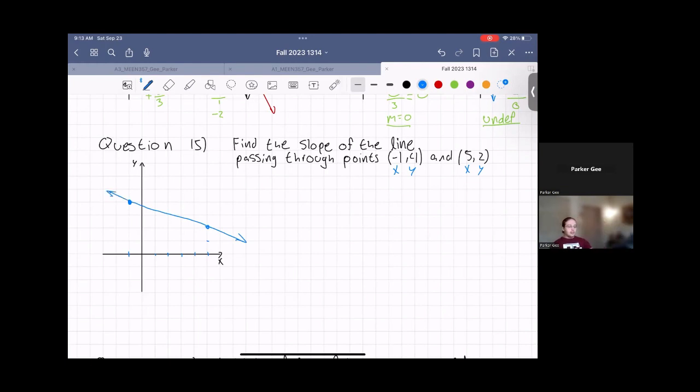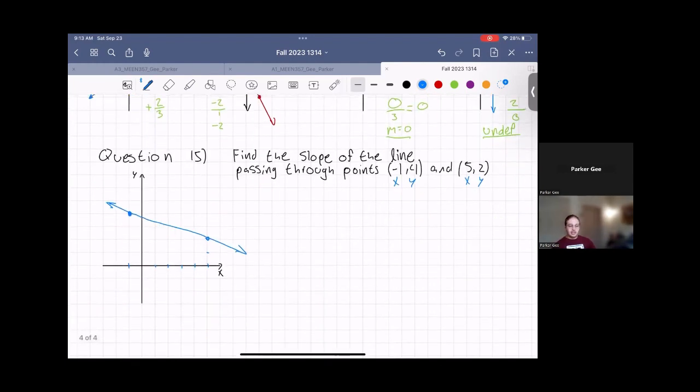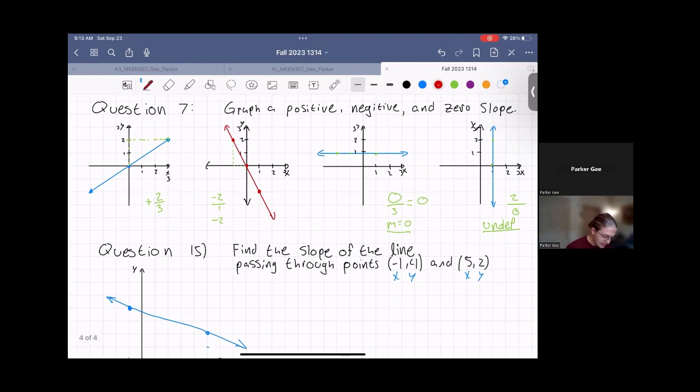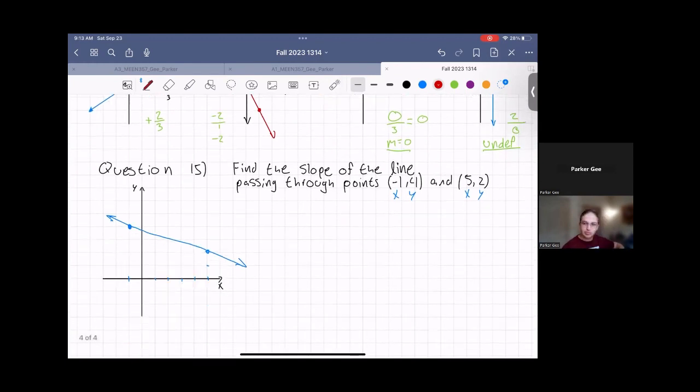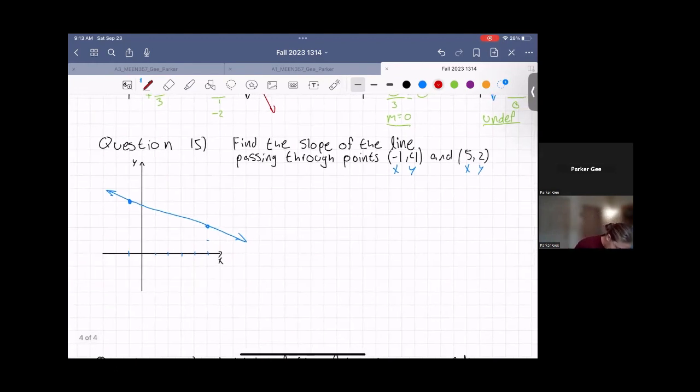So just like we did up here and found these slopes, we can find it just by doing rise and run. I bet y'all are getting the hang of it and can tell that this is going to be a negative slope just because it's pointing down, right? So if we rise -2, and then we're running 1, 2, 3, 4, 5, 6.